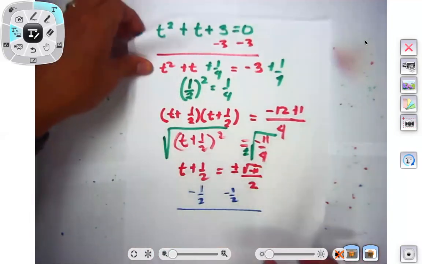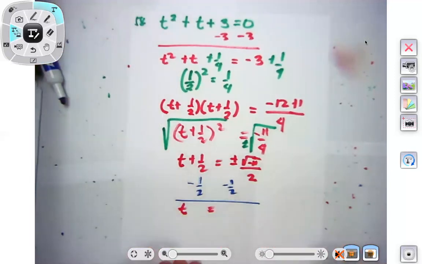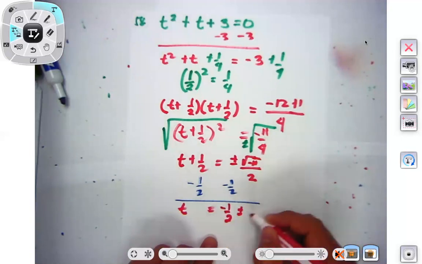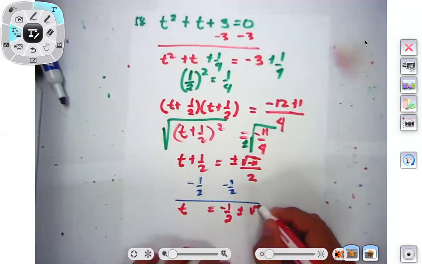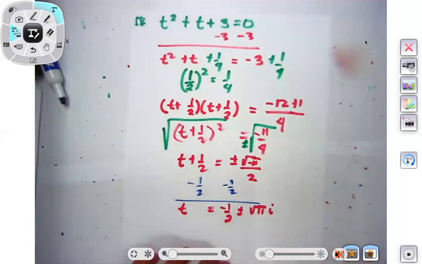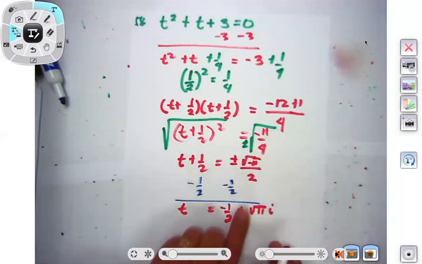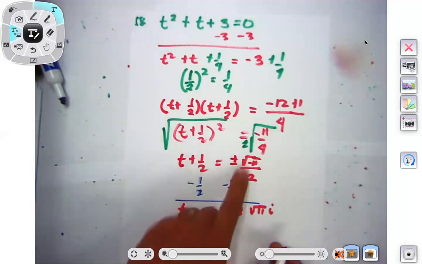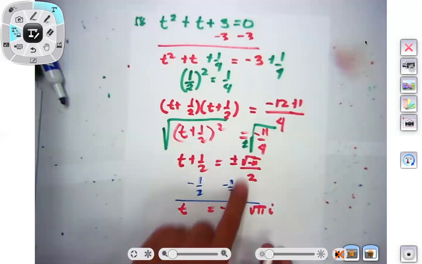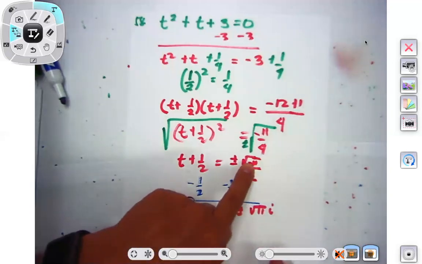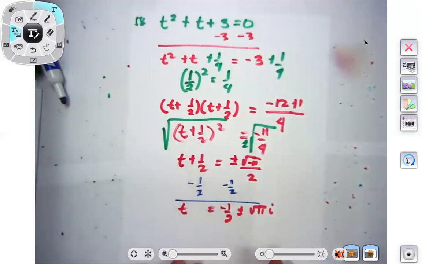And of course, our result will be t equals -1/2 plus minus. What's the square root of -11? You can now write the square root of 11i, because there's no real square root for -11. You can write square root of -11 as square root of 11i, because the factors of -11 are 11 and -1. So we have the square root of 11 times square root of -1, which is i.